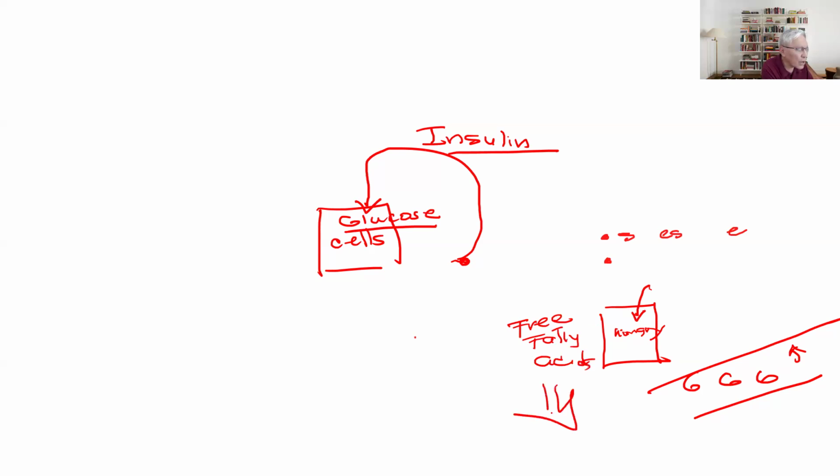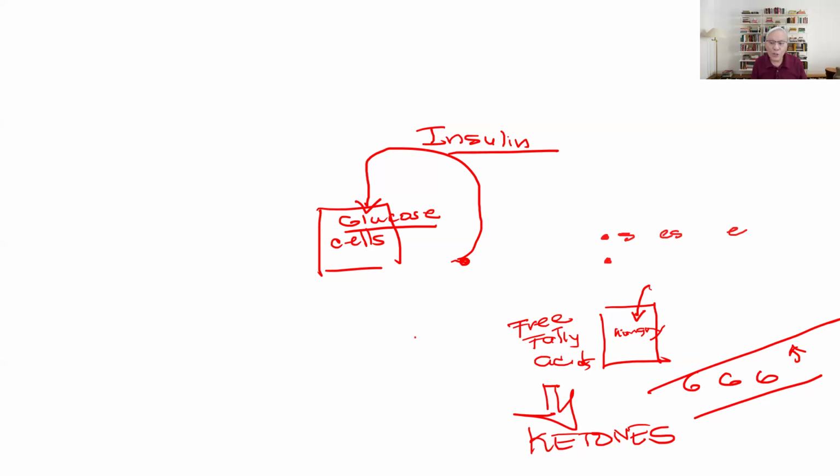And what's the consequence of producing free fatty acids? Well, this is going to result in the accumulation of metabolites, and those metabolites are going to be predominantly ketones. So this is exactly what happens in diabetic ketoacidosis. Because the cells are not getting enough glucose, they look for other sources of energy. And the liver now is going to produce other sources of energy.